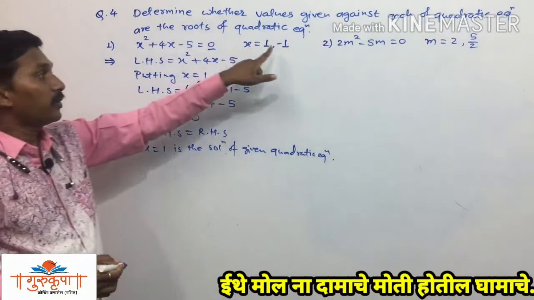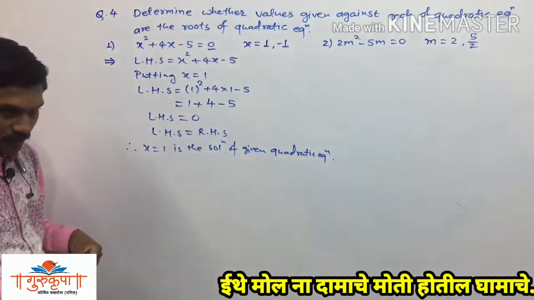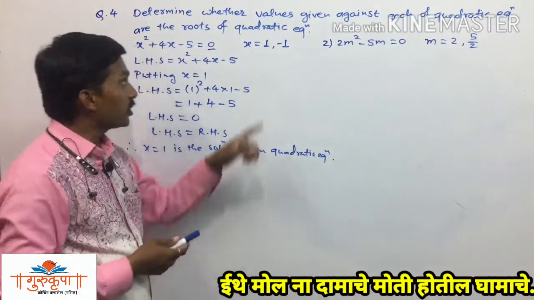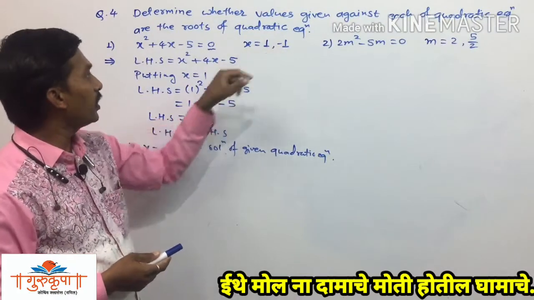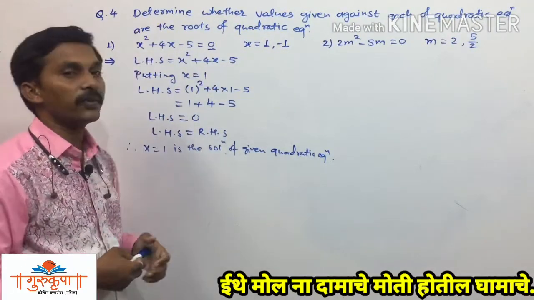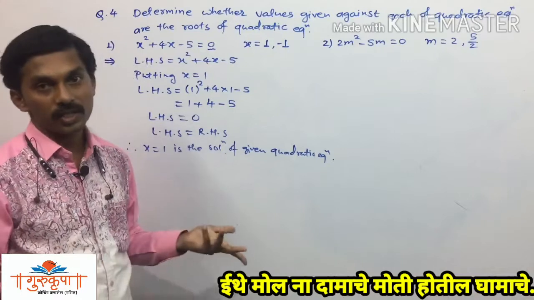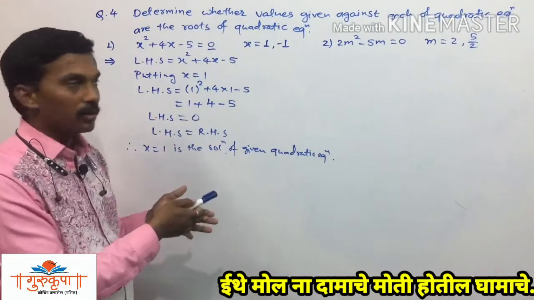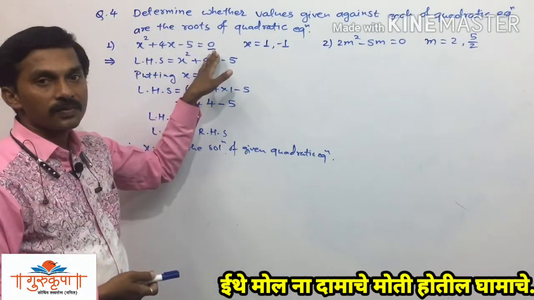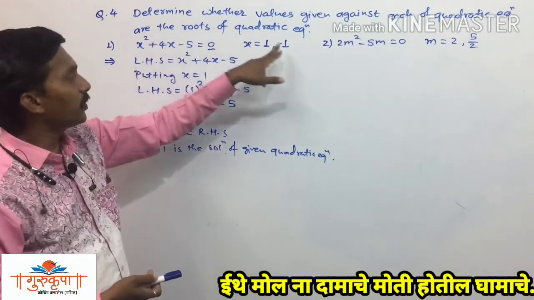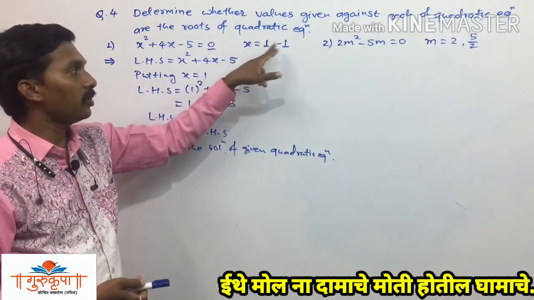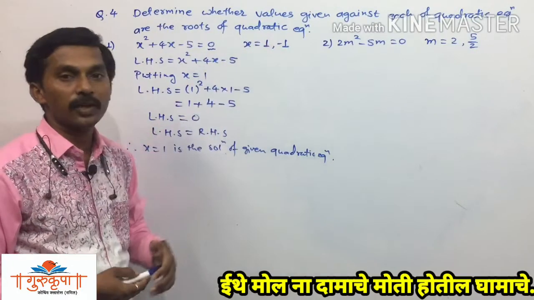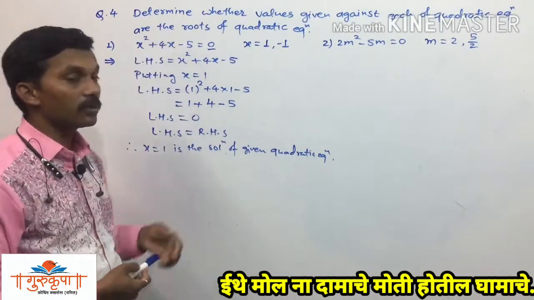Now we have one more value, that is x is equal to minus 1, and we have to decide whether x is equal to minus 1 is the root of the given quadratic equation or not. So once again we have to do the same thing. Already RHS is 0, we just have to check whether due to this value of the variable, x is equal to minus 1, LHS becomes 0 or not.